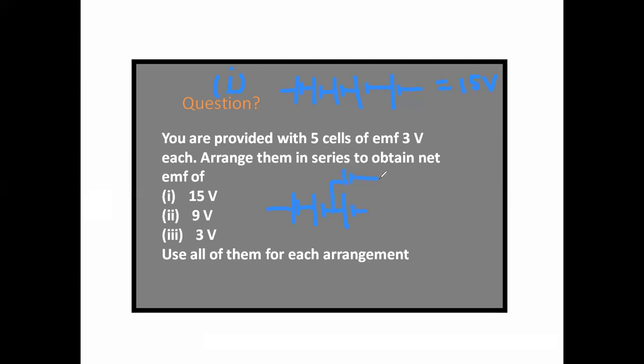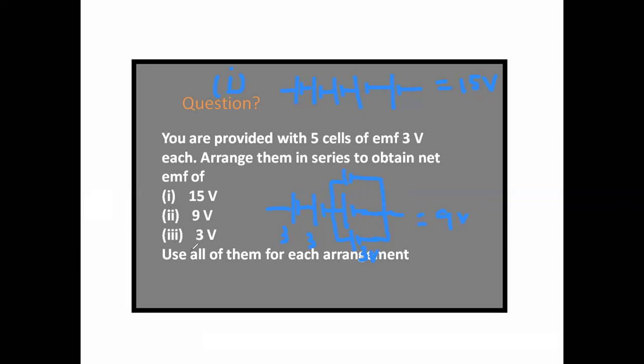In a parallel combination, EMF remains the same. So this is how we will connect: 3, 3, and these 3 are in parallel. This is also 3 volt. So 3 volt, so the total is 9 volt.